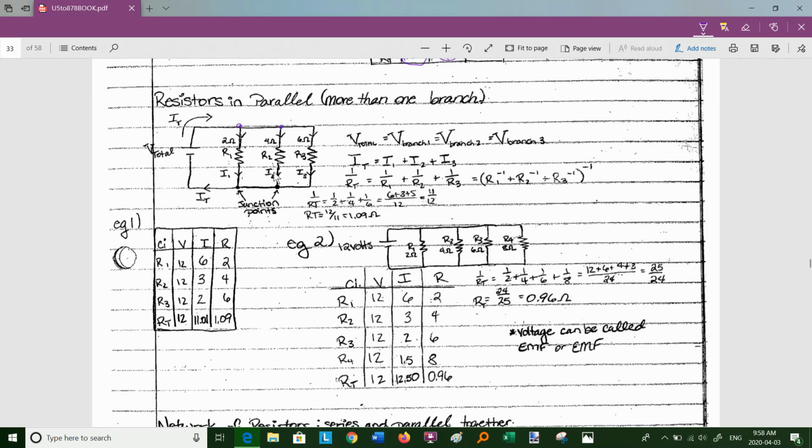So the total voltage is the voltage across branch 1, which is the same as the voltage across branch 2, which is the same as the voltage across branch 3. It's like maybe you've been at Tinkertown or something where they have those super slides and there's different lanes and kids are going down different portions of the super slide.